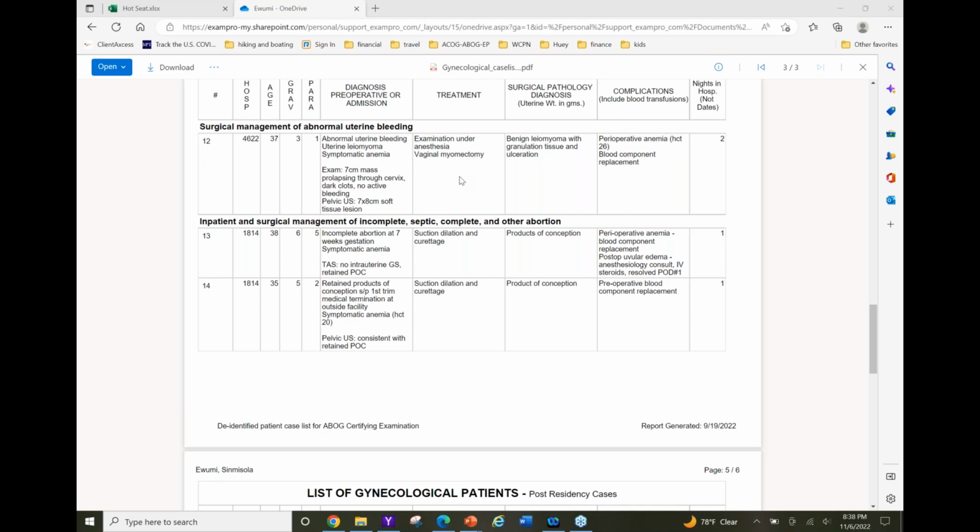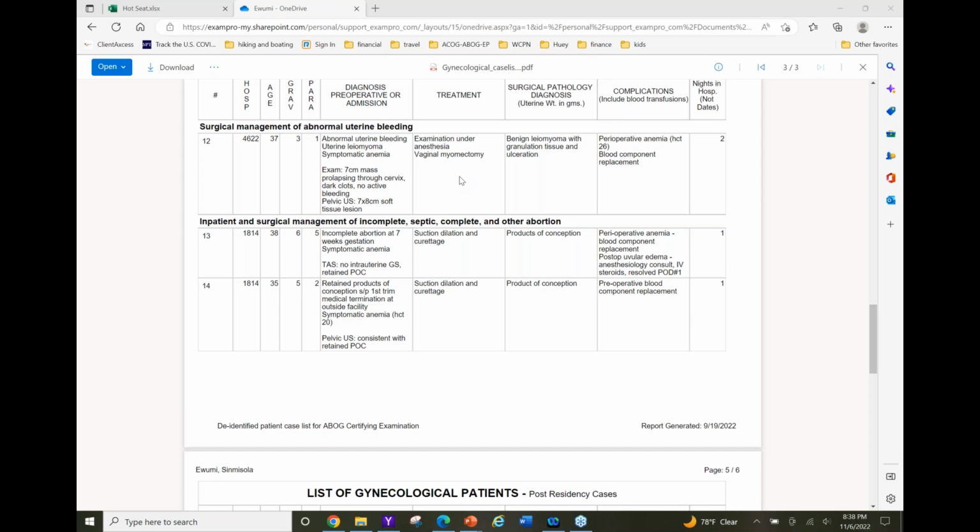We did send her for an ultrasound just to get a better evaluation, and it seemed consistent with likely a fibroid. So I counseled the patient that usually we're able to do this vaginally. However, there is a risk of needing an abdominal incision if we get in and there's bleeding, or we're not able to get to the stalk, or it's not just pedunculated as I imagined it would be.